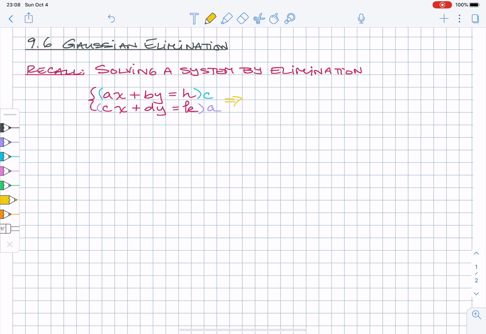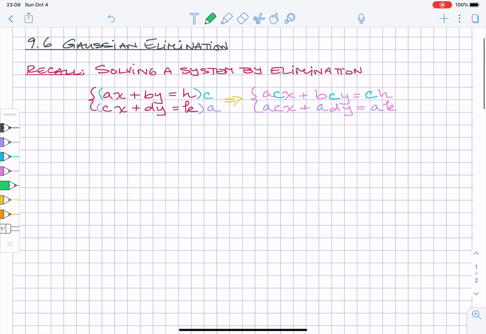And this would give us the system of equations: a cx plus b cy is equal to ch, and then a cx plus a dy is equal to a k.